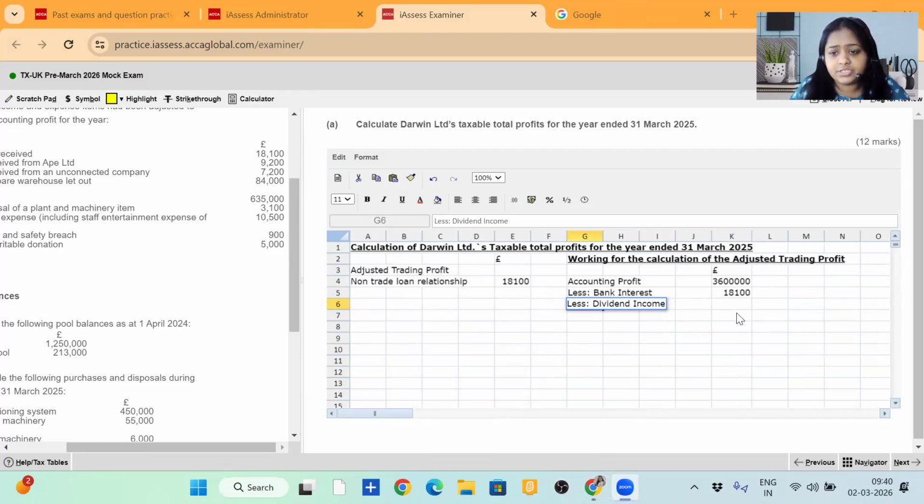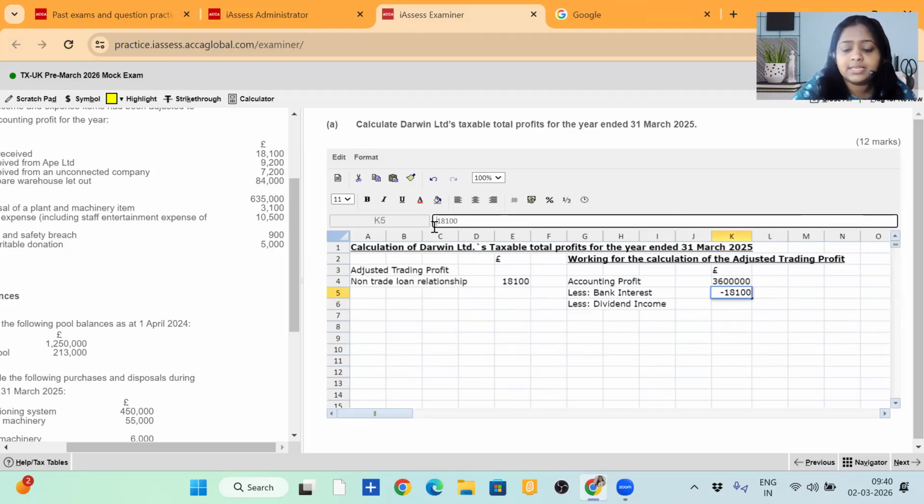How much is the dividend income? I can just take the total here. 92 and 72. Any dividend income, whether from a connected company or an unconnected company, nothing will be taxed here. So I will reduce here. I'll give the negative sign.